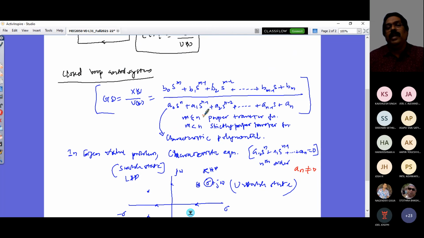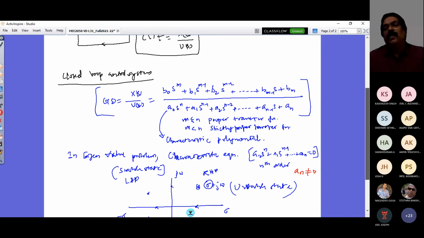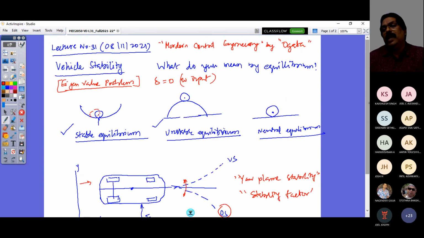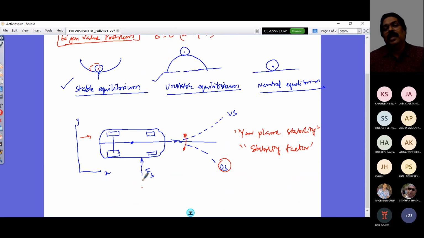And also we have stated that the denominator polynomial would be called a characteristic polynomial, and that would act as a characteristic equation when you look at an eigenvalue problem wherein you impose an initial condition only and there is no input to the system. That's exactly what would be our vehicle subjected to a wind gust. So there is no input that you are giving, there is no steering input by the driver to the vehicle, and the vehicle is driven straight and there is suddenly a wind gust.